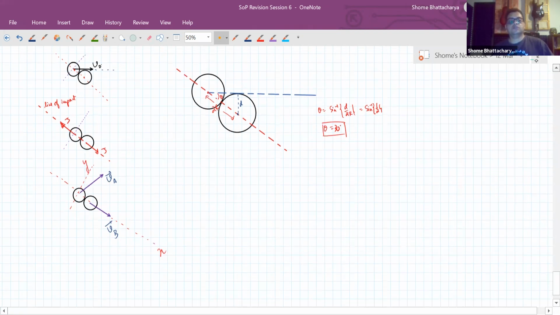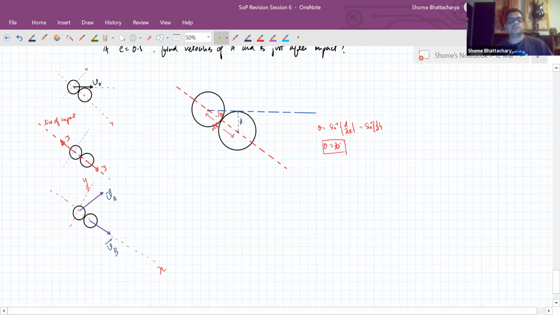Then conservation of momentum along the x-axis will give us the relation that m v0 cos theta is equal to m vB plus, now let's say this angle is some phi, plus m vA cos phi.